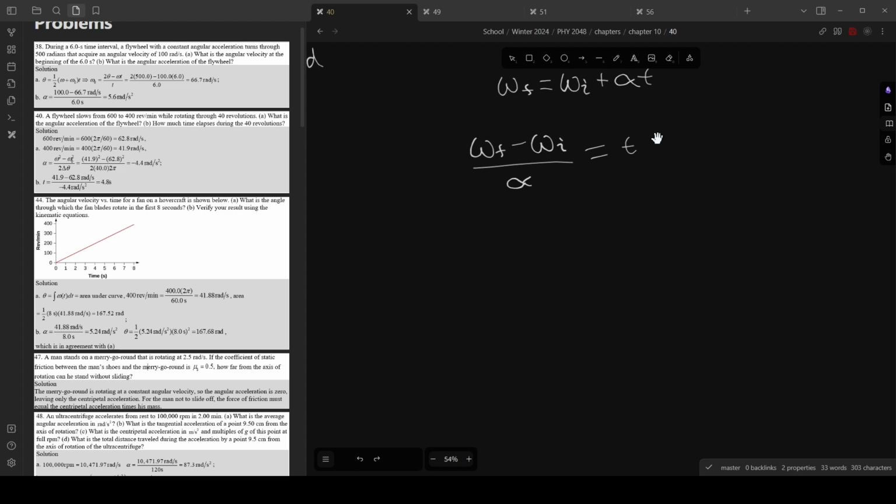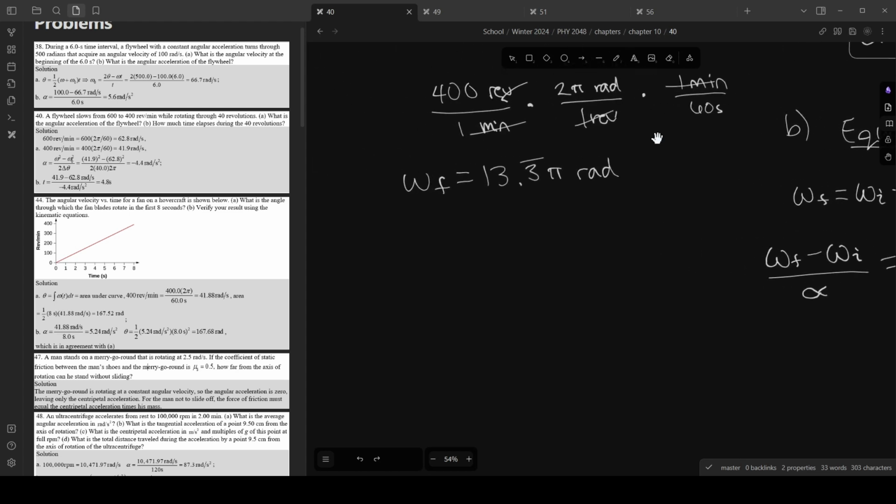Okay, now you plug it in your calculator. Our omega final was 13.33 repeating and our omega initial was 20, and there's pi involved.